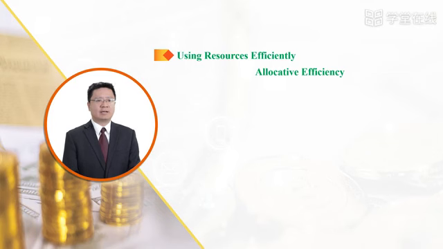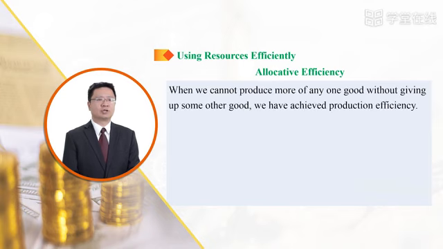Let's now use the concepts of marginal cost and marginal benefit to describe allocative efficiency. At any point on the PPF, we cannot produce more of one good without giving up some other good. We have achieved production efficiency.